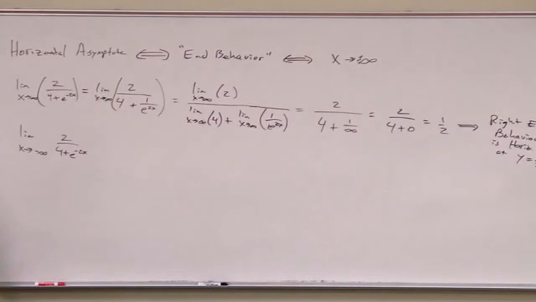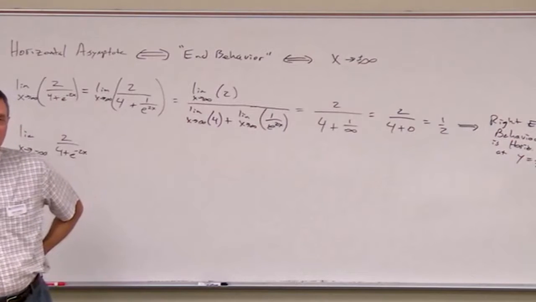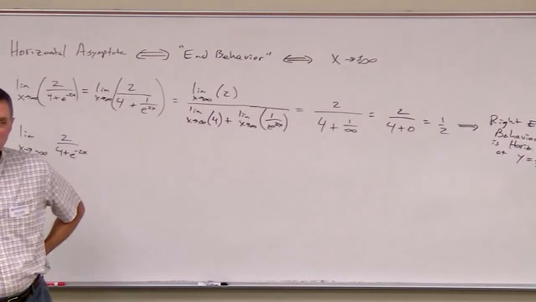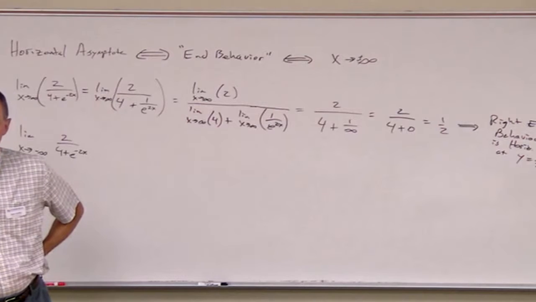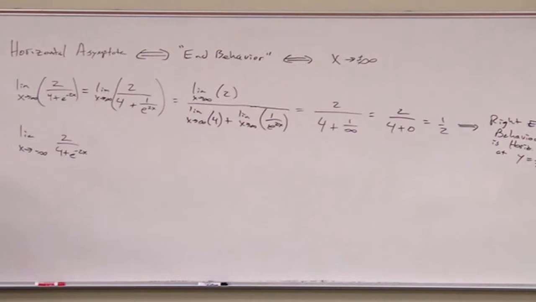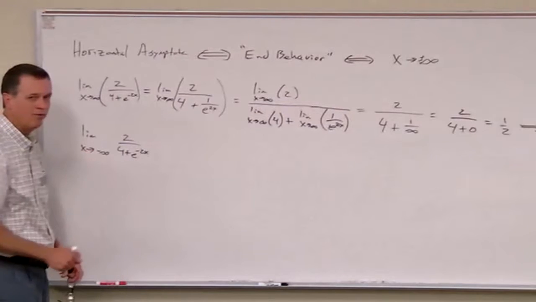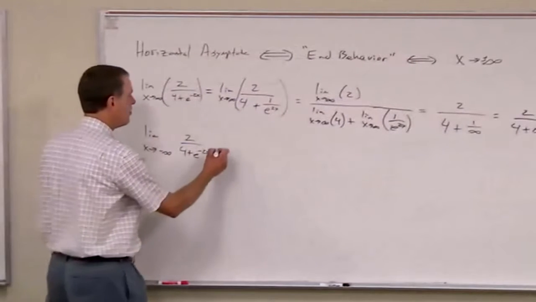Well, what about the left end? Hence, the horizontal asymptote does not have to be the same at both ends. Oftentimes it is, especially in pre-calculus, but it does not have to be. So the way we determine the left end behavior is we go through the same process with negative infinity.